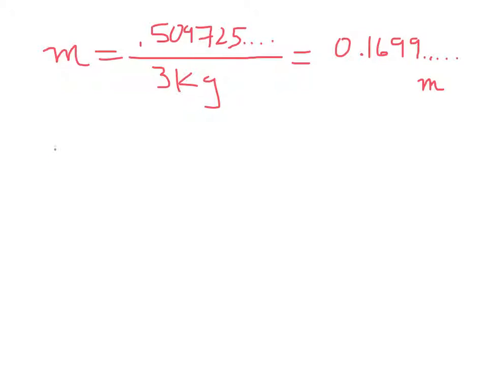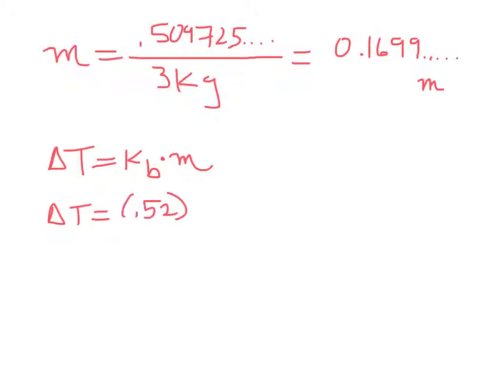And so now that we know this, we know that the change in the boiling point is going to be Kb times the molality. So the change in the boiling point is going to be 0.52, which it gave us in the problem, times the molality that we just figured out, 0.1699 with a bunch of other stuff after it.